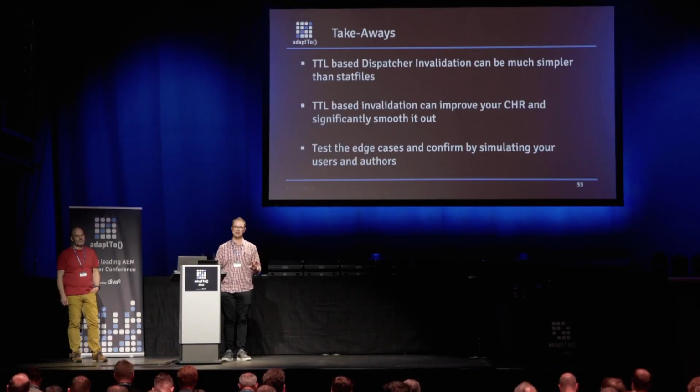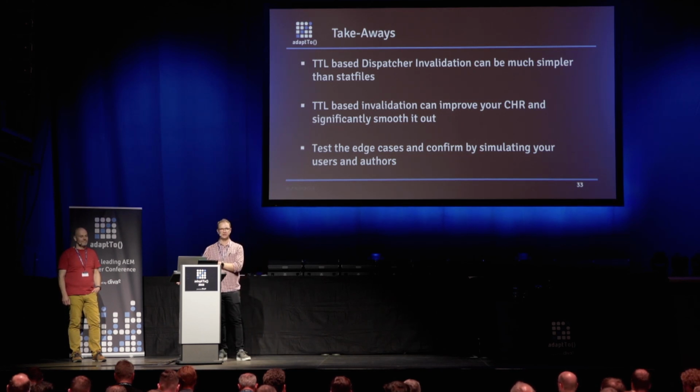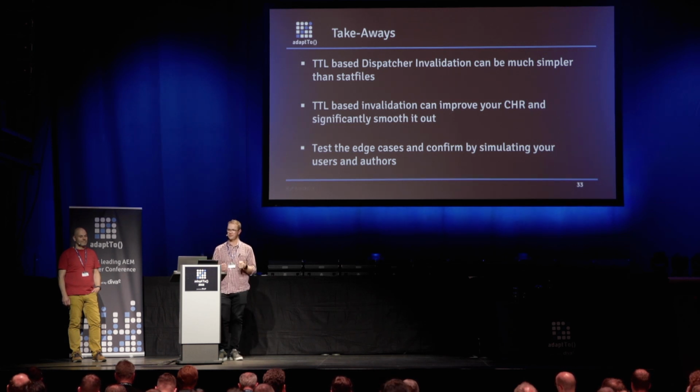Do test the edge cases, confirm by simulating users and especially simulating activity of authors, because we all know that the publishers on their own will work perfectly fine, especially if they have the dispatchers in front of them. But the moment you introduce that author tier, a lot of things change. So it's very important you don't just test your site from the front, but also from the back, and make sure that the two work very well together.